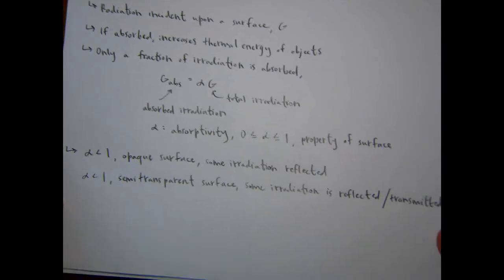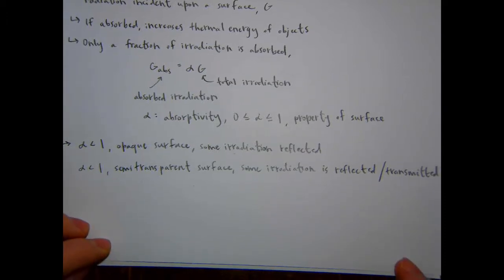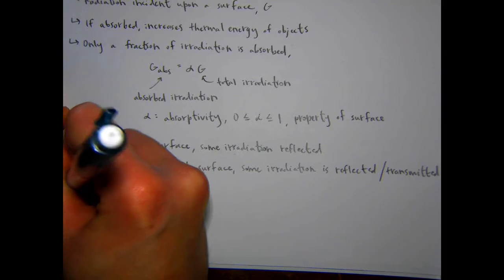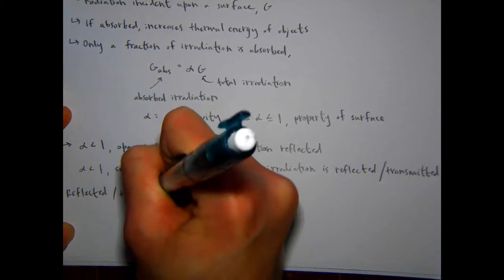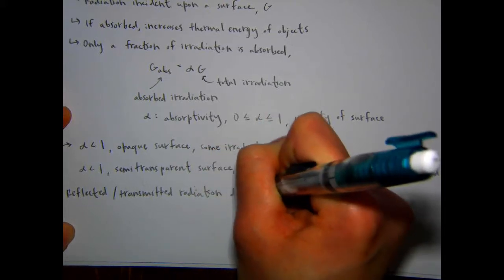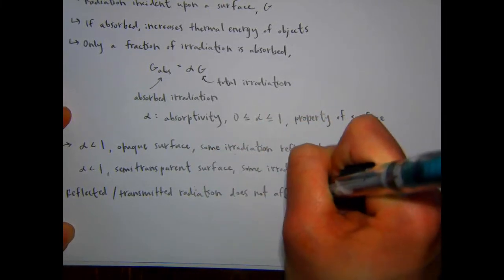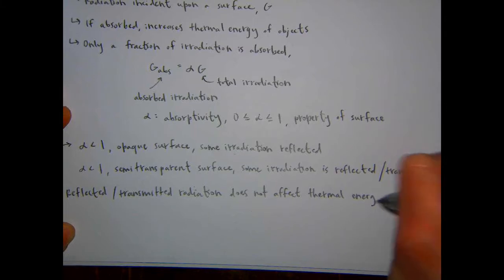So some of it can be reflected and some of it can be transmitted through the surface. And like I said before, reflected and transmitted radiation does not affect the thermal energy of the object. It has to be absorbed in order to raise the energy of the object.